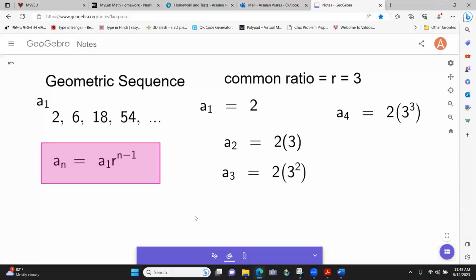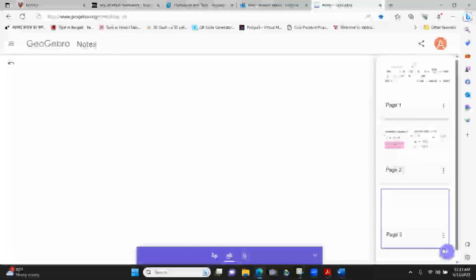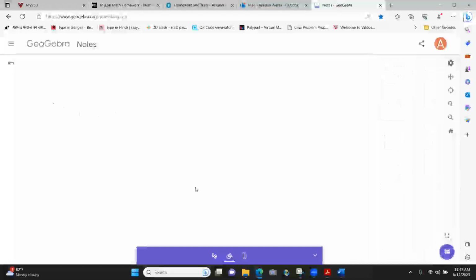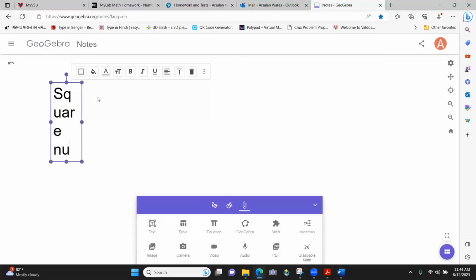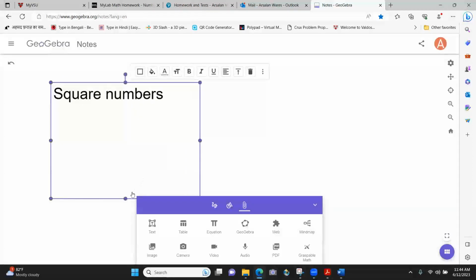Let's move on to the second part. The second part is we're going to talk about square numbers. What are square numbers? Let's write it down. Square numbers. Well, they're actually fairly simple. The first square number is 1 squared.